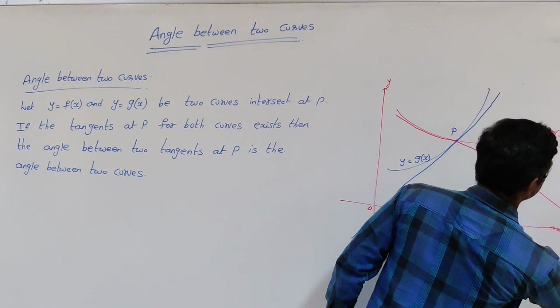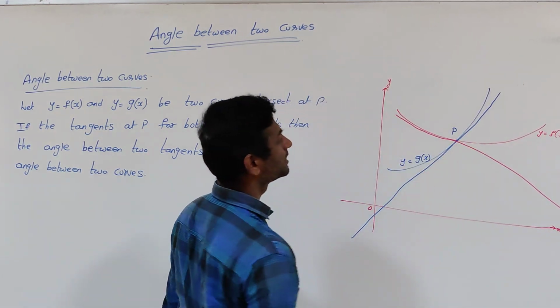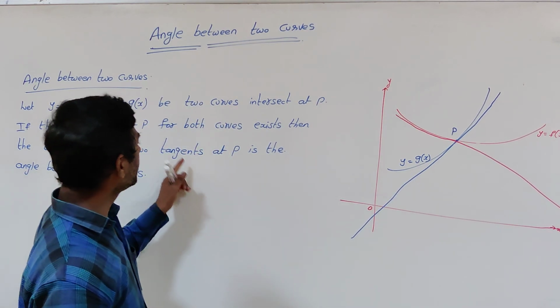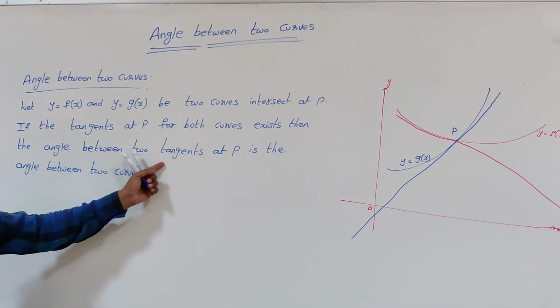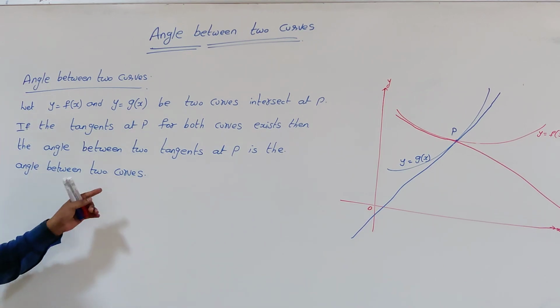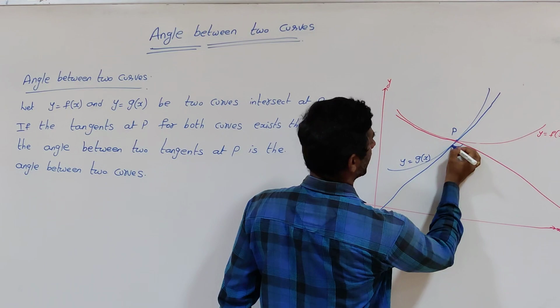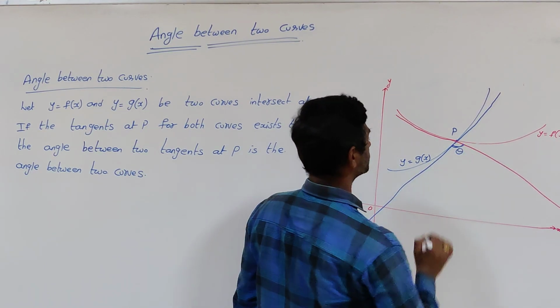If I extend this, this will be the tangent for f of x at point P. Then the angle between the two tangents at P is the angle between the two curves.